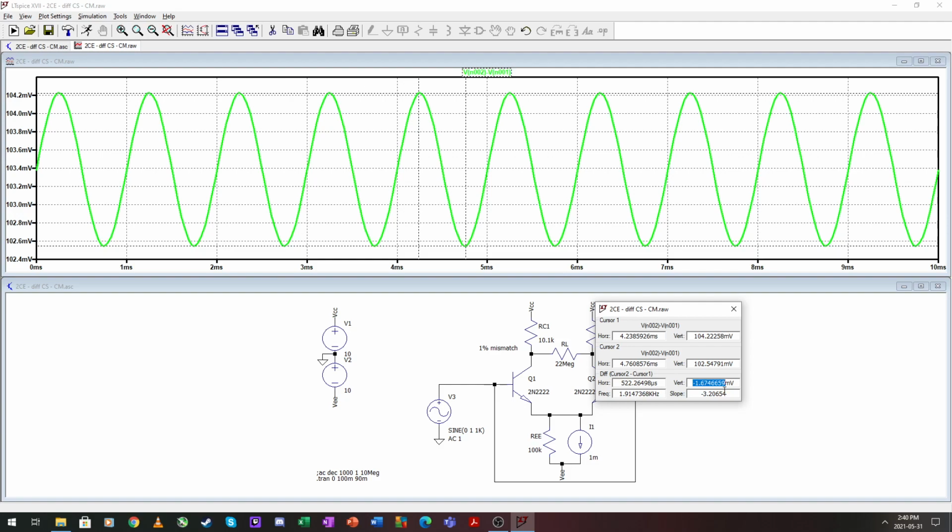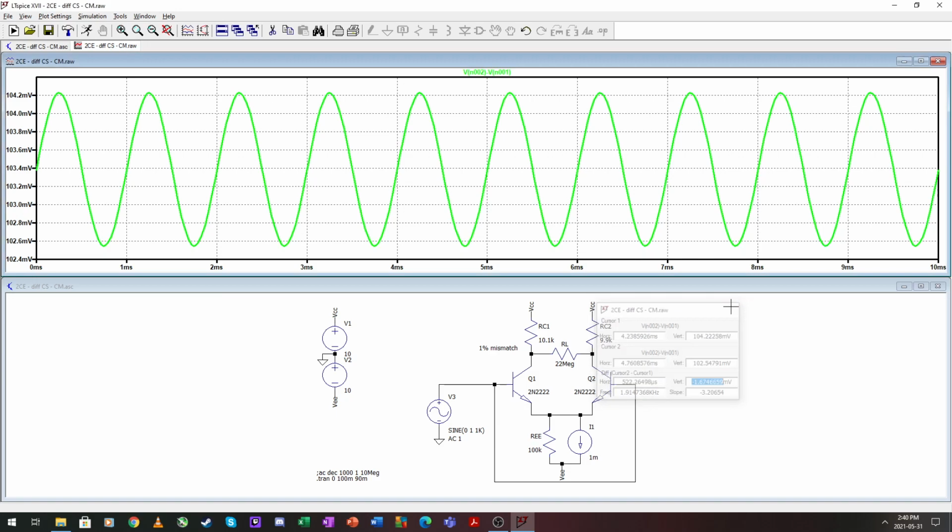So this will boil down to what? 0.8 millivolts, which is fairly close to the 1 millivolt per volt that we had in our calculations. Okay, so that is the common mode with mismatches.